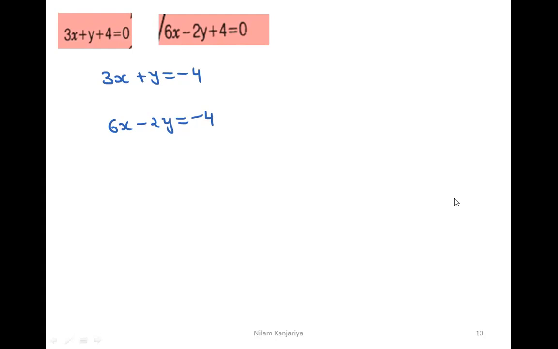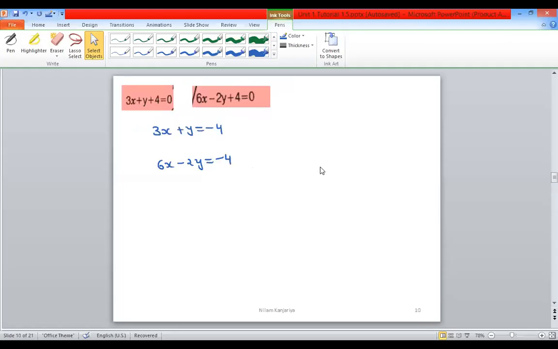Okay, so let me solve this question for you. Look here. These are 2 equations. Please verify the answer with me. This is the first equation. I'm using the shortcut method. y is equal to -4. I will take x equal to 0 and put it in this equation.